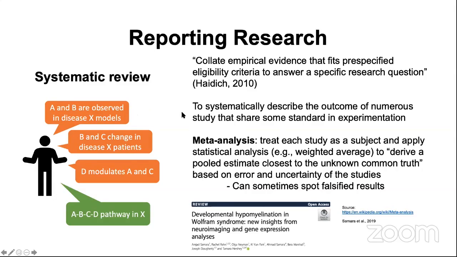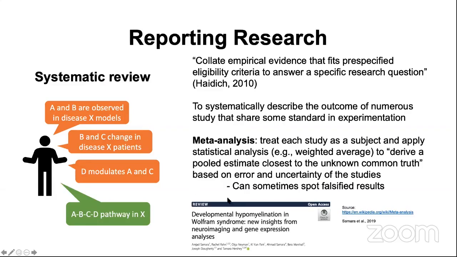However, if we combine all of the data points from every study into a pooled estimate, that estimate will be far closer to the unknown common truth, because by combining all those studies, you're reducing your uncertainty and your error. So meta-analysis is a way to group the research findings together to produce a more accurate interpretation.